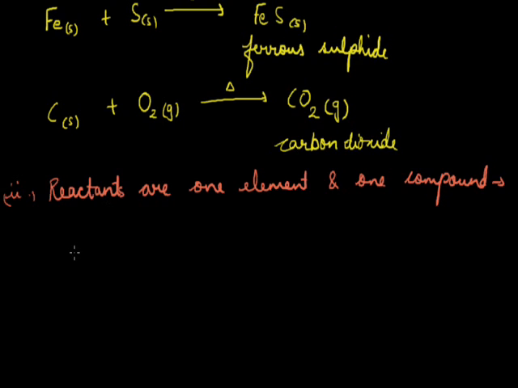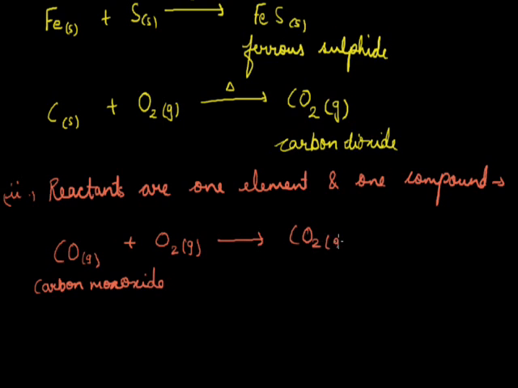For example, we can take carbon monoxide. In the presence of oxygen, it will form carbon dioxide gas. Here again carbon monoxide is a compound and oxygen is an element. So we can see that compound and element, they are reacting to form one compound.